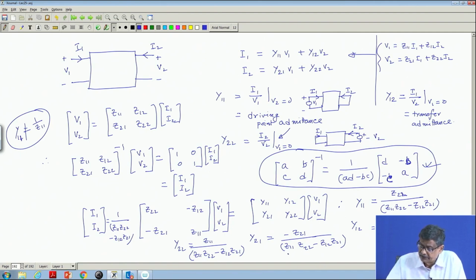If this determinant of the Z matrix happens to be 0, then you are gone. I mean, no y parameters can be found out, although z parameters exist. So, provided the determinant of the Z matrix is not equal to 0, only then can we find out the equivalent y parameters of this two port network, otherwise not.